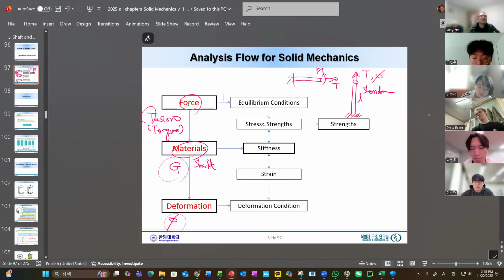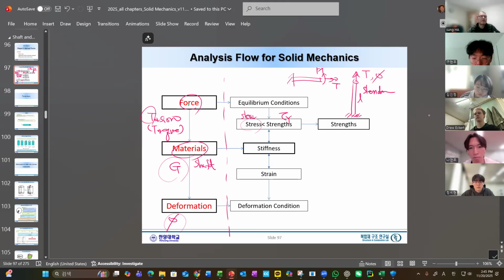Now, what is going on inside? Well, inside there will be an equilibrium and then there will be a stress. Now, instead of a tensile stress, we will have a shear stress. And then for strength, instead of tensile strength, we will have shear strength.